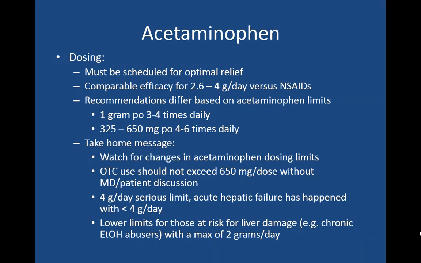So keep yourself at a safe level for patients you're just recommending it to over the counter, at least until provider status changes. And in that situation, then it might be okay to recommend more. Does that make sense? Okay.